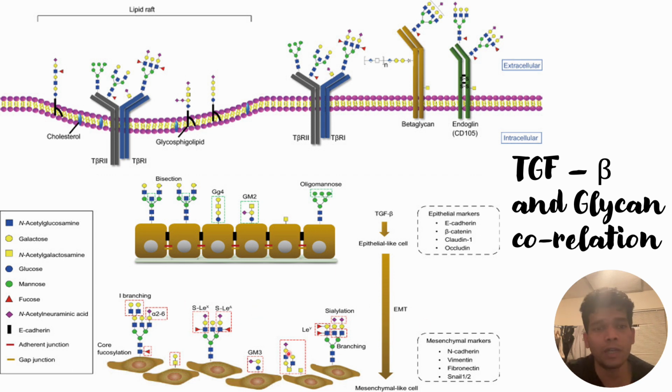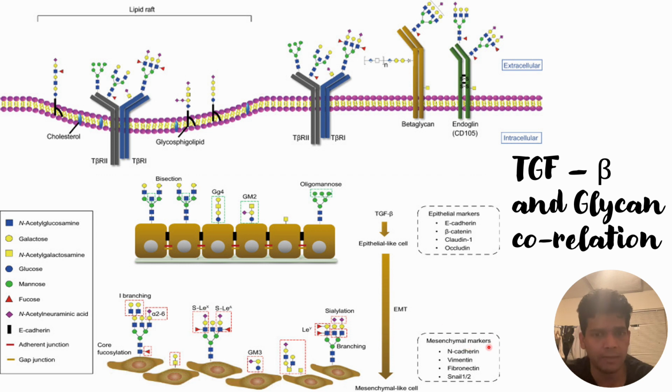So these are some of the changes in the glycan structures on the cell surface membrane that are expressed whenever the cell acquires mesenchymal properties. One application of this could be that if the cells have this kind of glycan structures, then they might have mesenchymal properties, which can be further verified using other reporters, such as E-cadherin levels and N-cadherin levels of the cells.